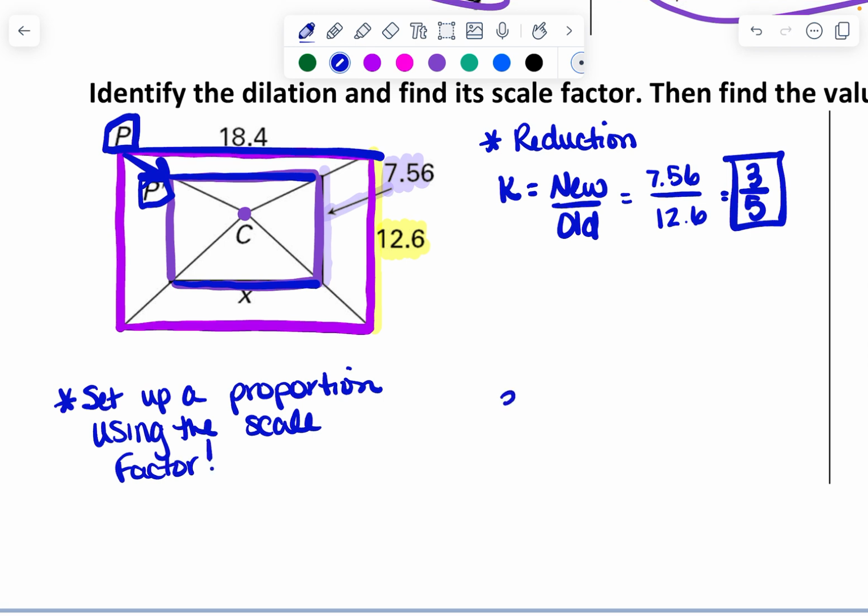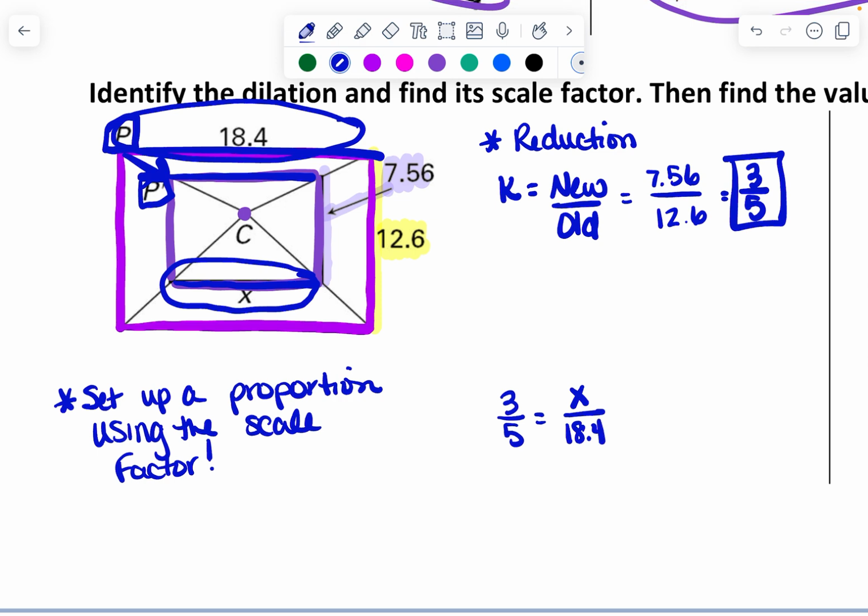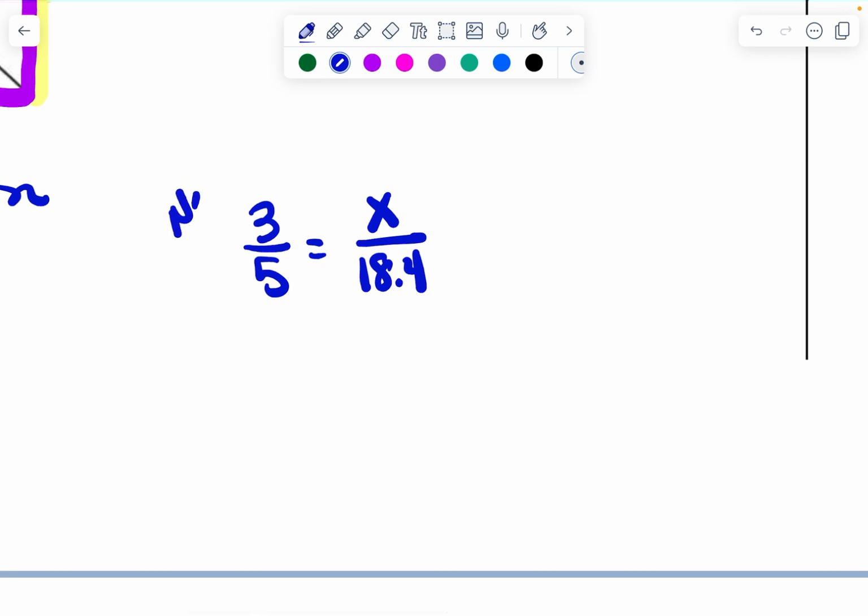So we're going to go 3/5 equals what over what. Now, you want to make sure that you keep these in the right order. So 3/5, again, we went new to old. So I want to do the value on the new one, which is x, over the old length, which is the 18.4. This is how I'm going to set up my proportion, keeping new over old consistent on both sides. That's super important because if you flip-flop one side, you're going to get an incorrect answer.